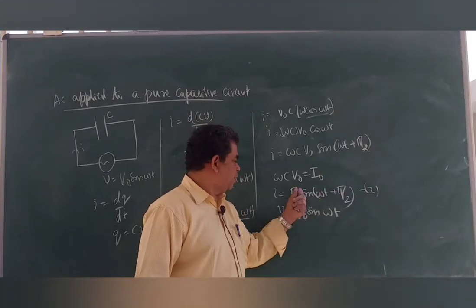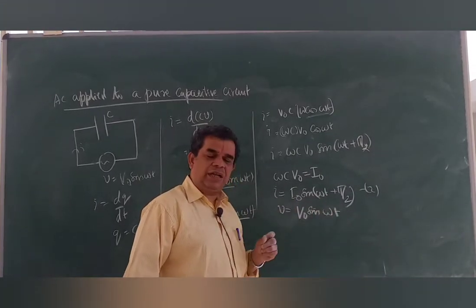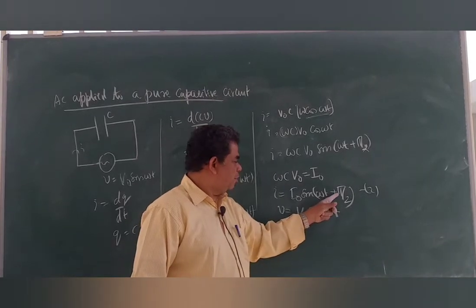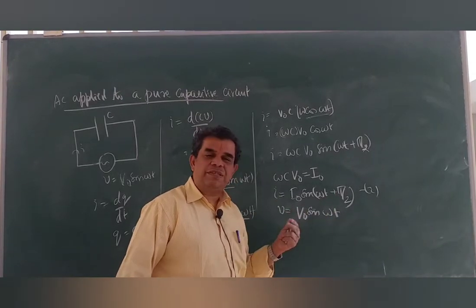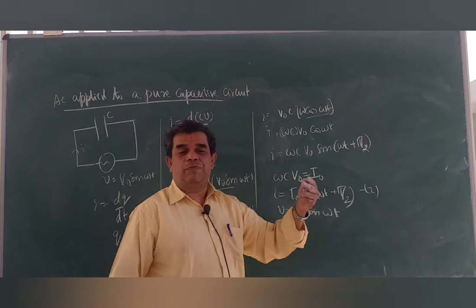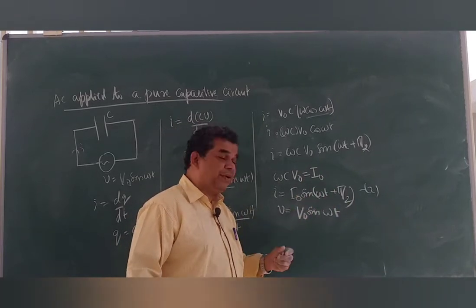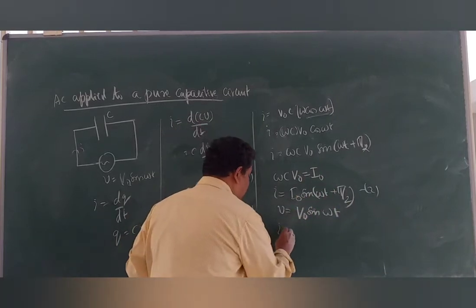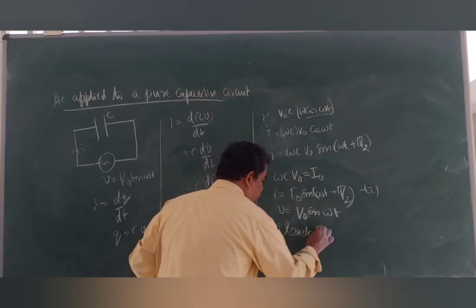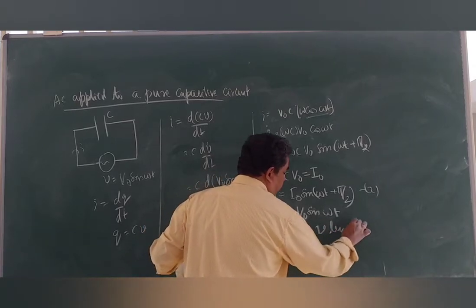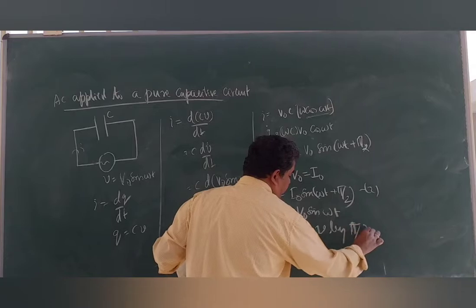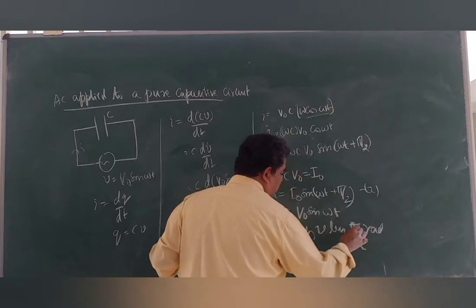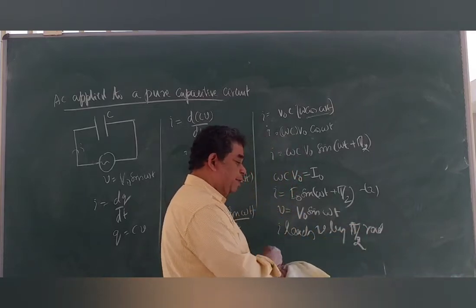Omega t plus pi by 2 for I, omega t only for V. That means plus pi by 2 is for I, and plus means leading. It is forward compared to V. That means we write I leads V by pi by 2 radians.